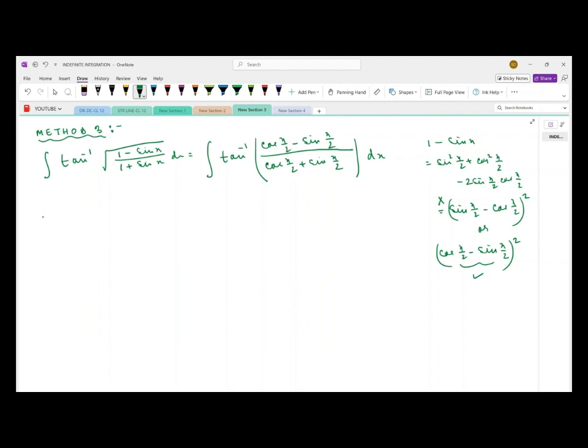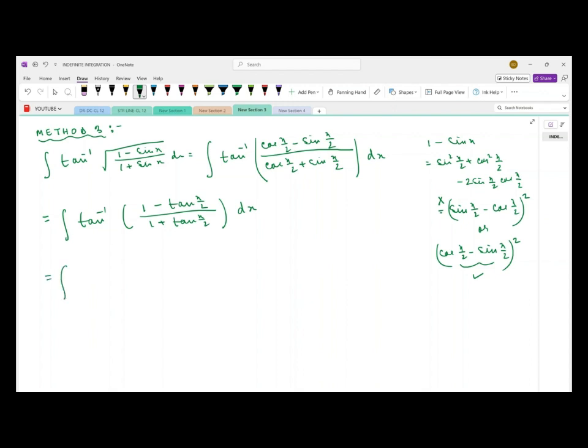Now you divide numerator and denominator by cos x by 2. So what do you get? Tan inverse (1 minus tan x by 2) by (1 plus tan x by 2) dx.